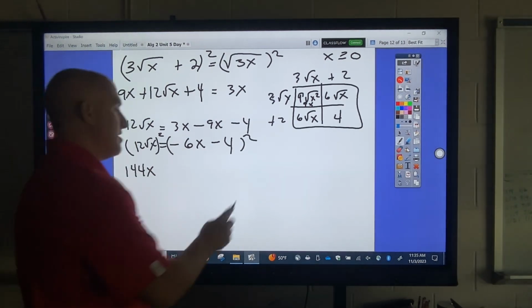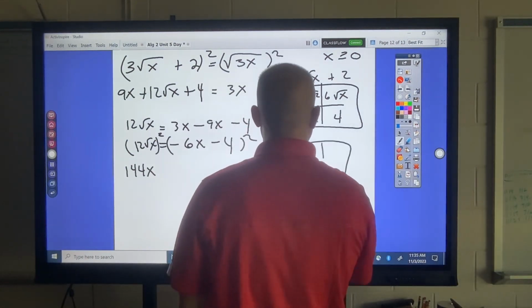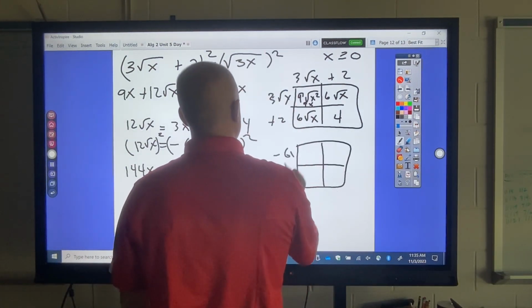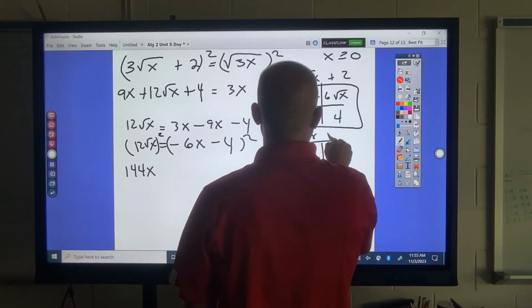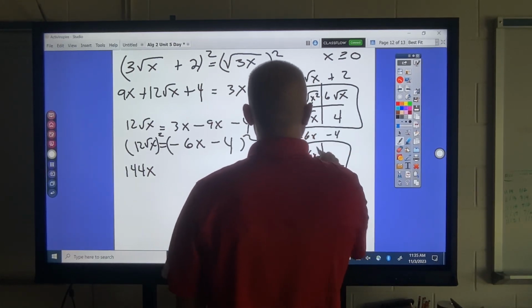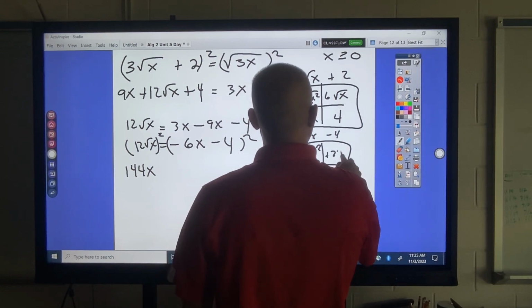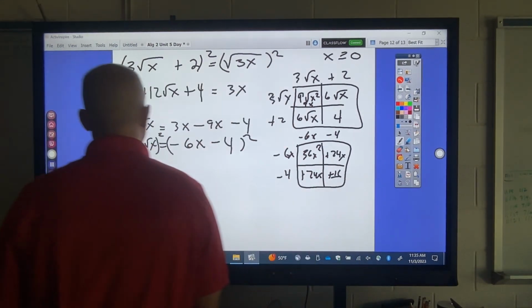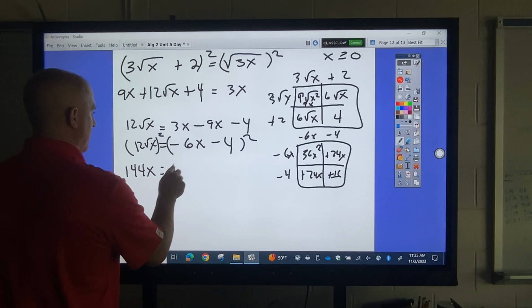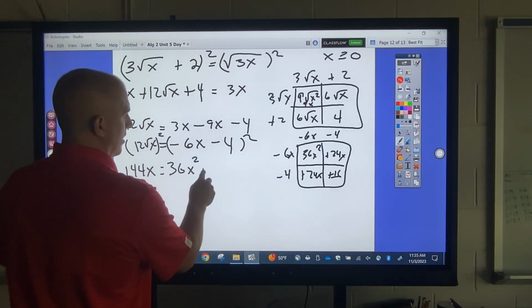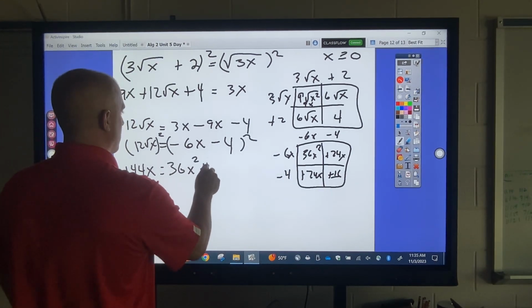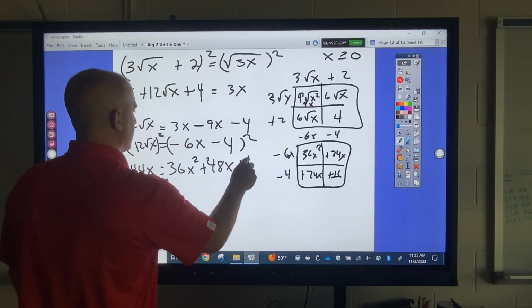I'm going to have to do another box here. This is pretty complicated, okay? 36x squared. This is positive 24x. This is positive 24x. This is positive 16. So what I got here is 36x squared plus 48x plus 16.